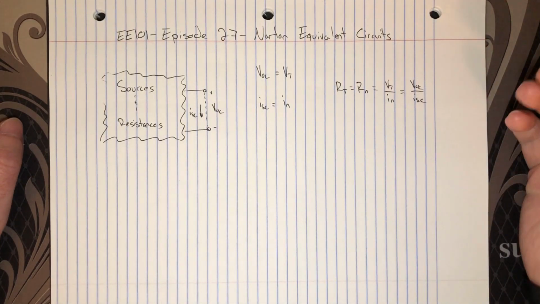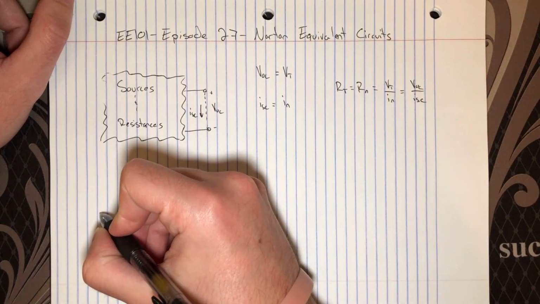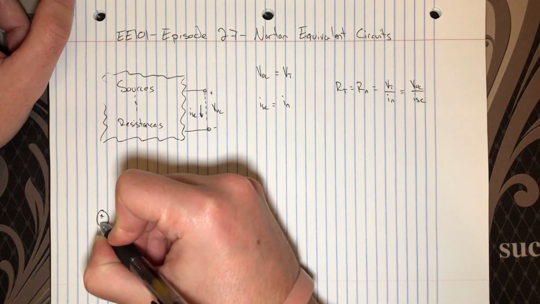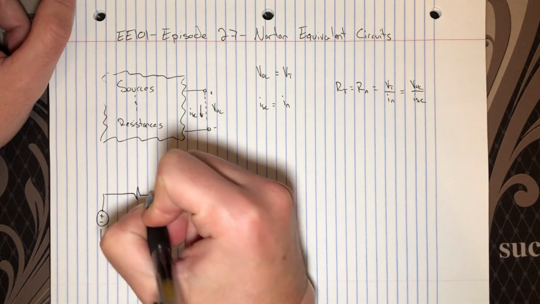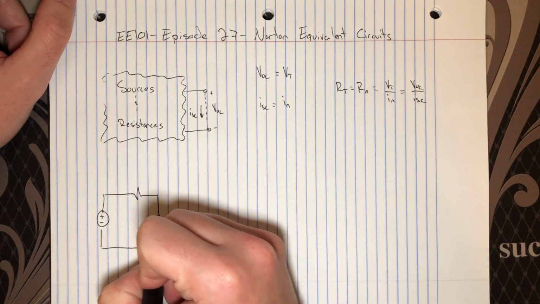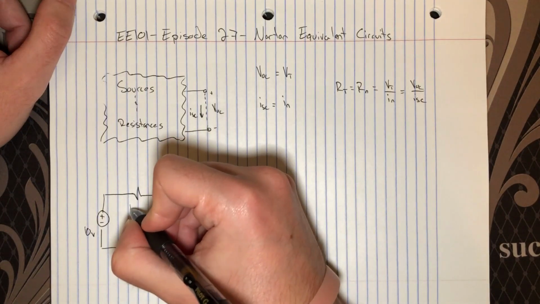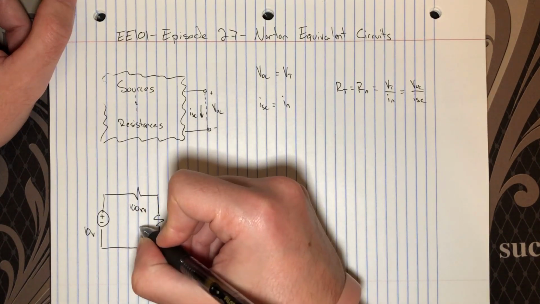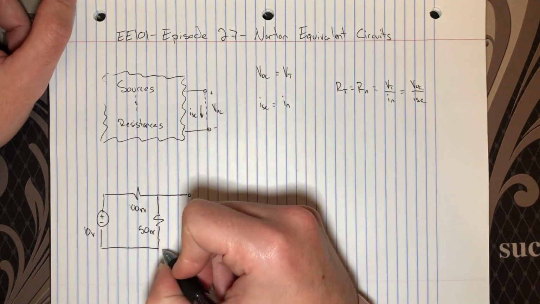So let me quickly draw the example circuit that I've used several times now in the past few videos. So I have a 100 ohm resistor and a 50 ohm resistor in series with a 10 volt source.